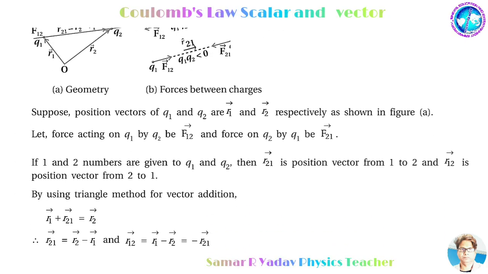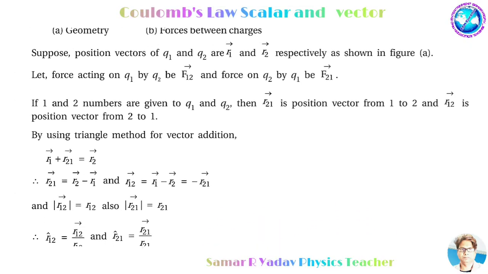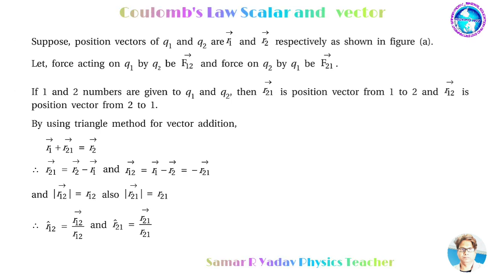If numbers 1 and 2 are given to q1 and q2, then vector r21 is the position vector from 1 to 2 and vector r12 is the position vector from 2 to 1. By using the triangle method for vector addition, vector r1 plus vector r21 is equal to vector r2.